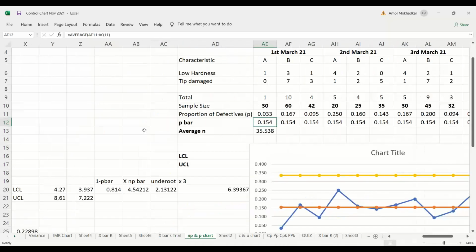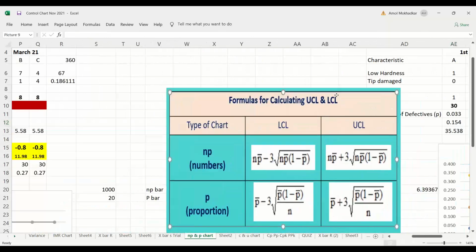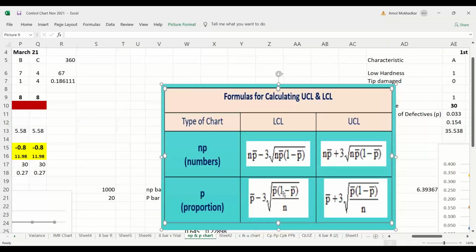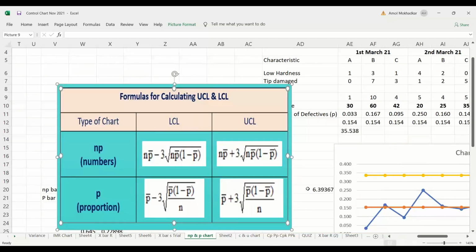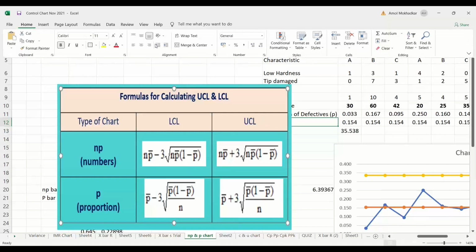Then, as per the formula, once you have the proportion values, you need to find the P bar. P bar means the average of the data, so you take the average of all the proportions. This is the P bar value.